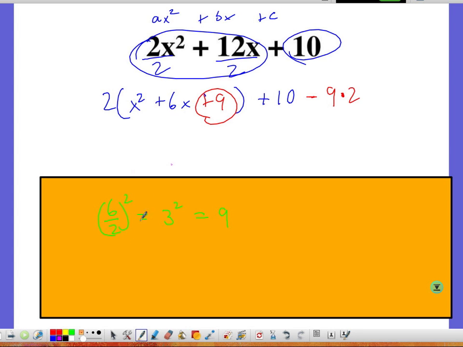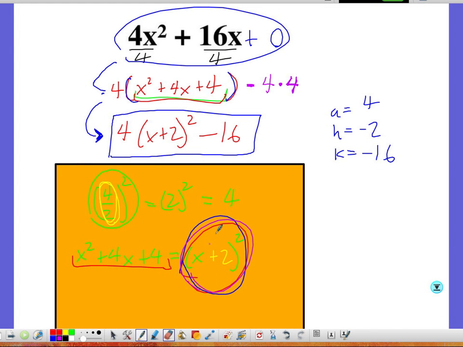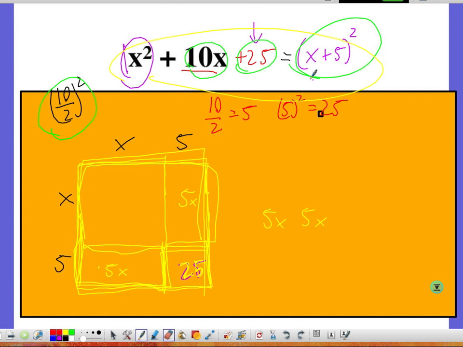Now, this is plus 9. What I want to do now is I want to write the other side of the equation of this. What do I mean? Well, x squared plus 6x plus 9. What is that equal to? Remember, we want to set it equal to something like this.